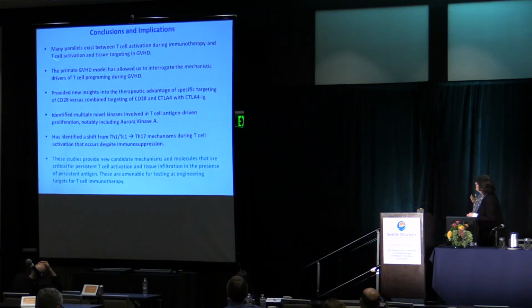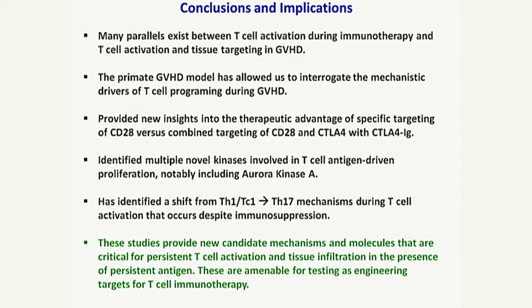So in conclusion, what I've shown you is that, first of all, there are many parallels that exist between T-cell activation during immunotherapy and T-cell activation and tissue targeting in GvHD. And the primate GvHD model has allowed us to interrogate the mechanistic drivers of T-cell programming during GvHD. We think it's provided new insights into the therapeutic advantage of specifically targeting CD28 versus targeting CD28 and CTLA4 with CTLA4 Ig.